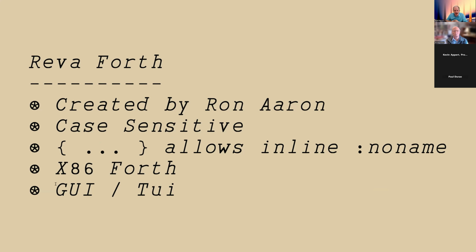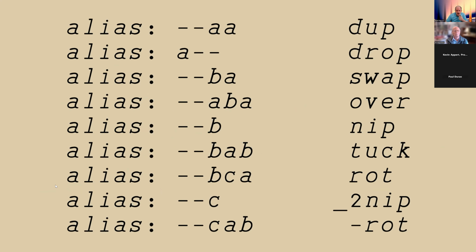And this is a very happy coincidence, because it ends up mirroring APL's dfns. It's an x86 Forth. A lot of stuff gets implemented directly in x86 assembly, and it has some facilities for a GUI or a TUI built into it.